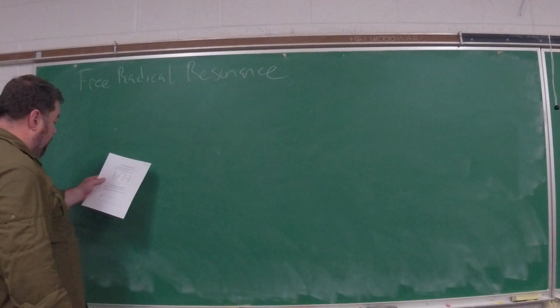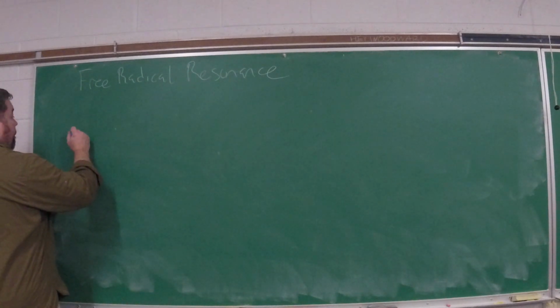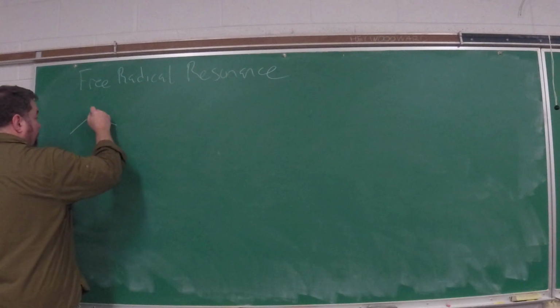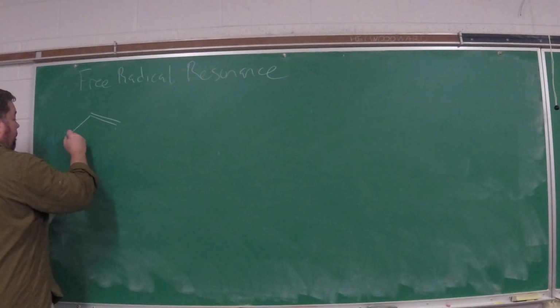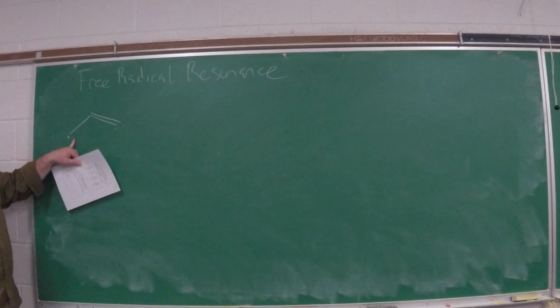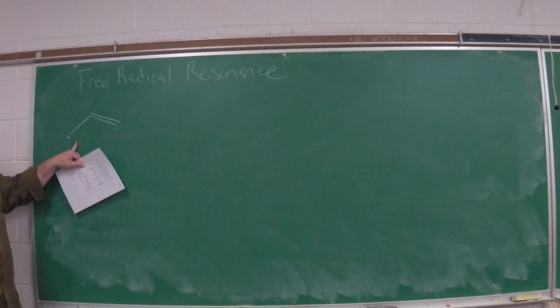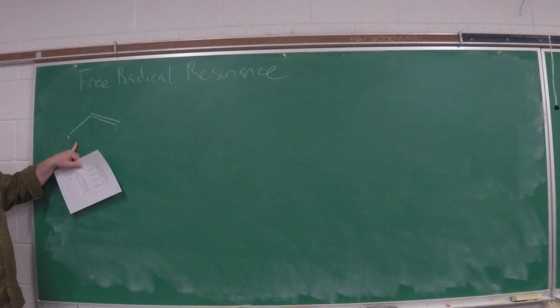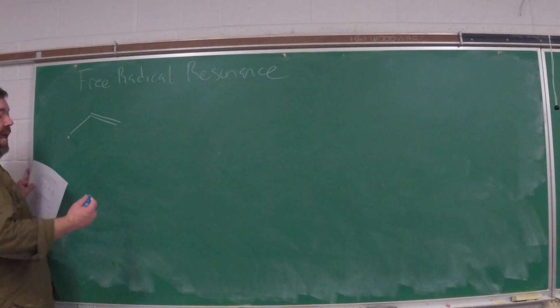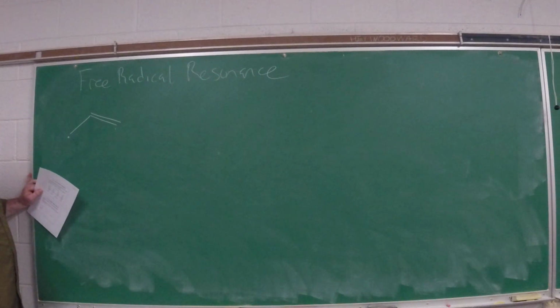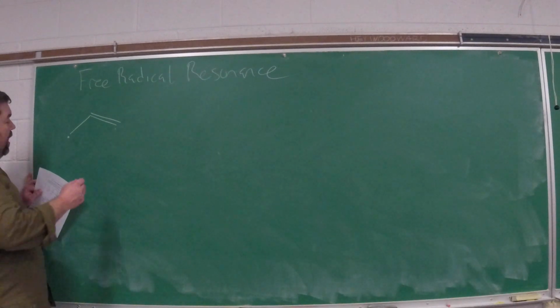So let's take a look here. This here is the allylic position, correct? This would be vinylic, this is allylic position, okay? So we can draw a resonance structure for this, again using a half arrow for a lone electron.